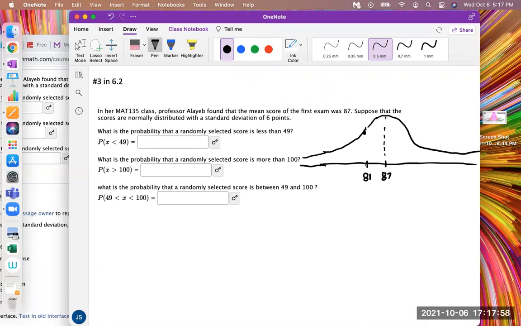Because I know where the mean is, is the 49 somewhere over here in this region, or somewhere over here? And is it real close right here, or is it further over here? I'll let you think about that for a second.